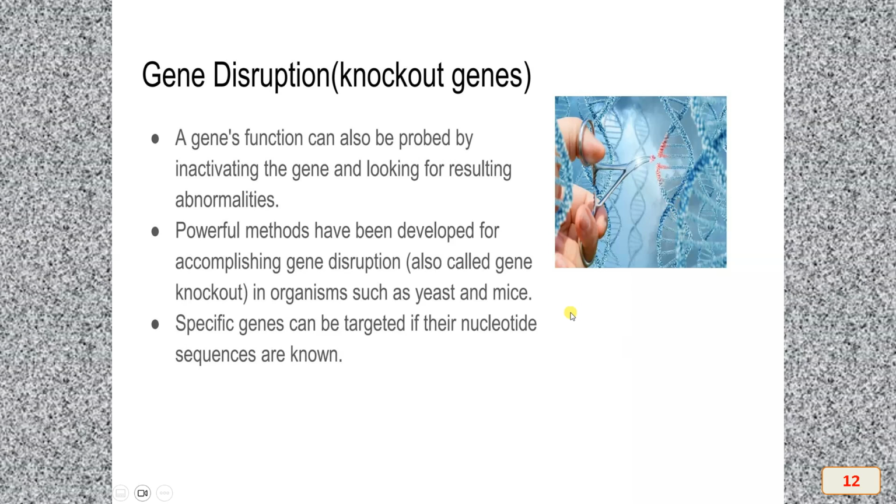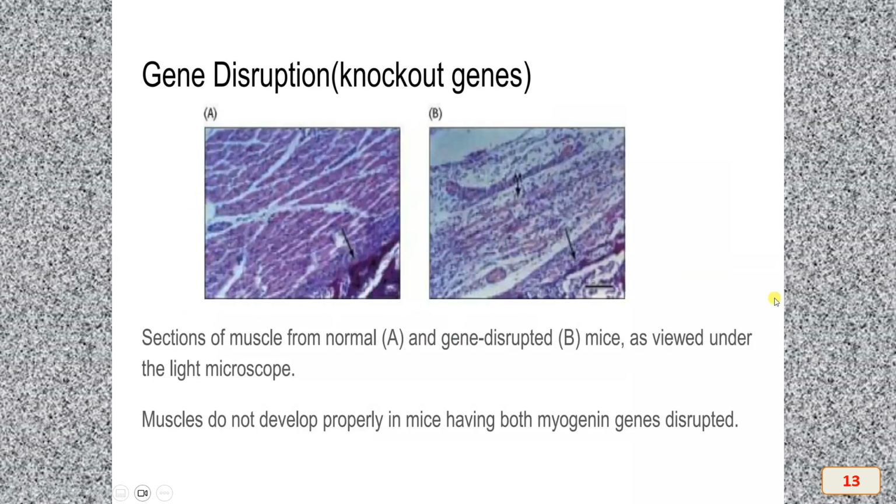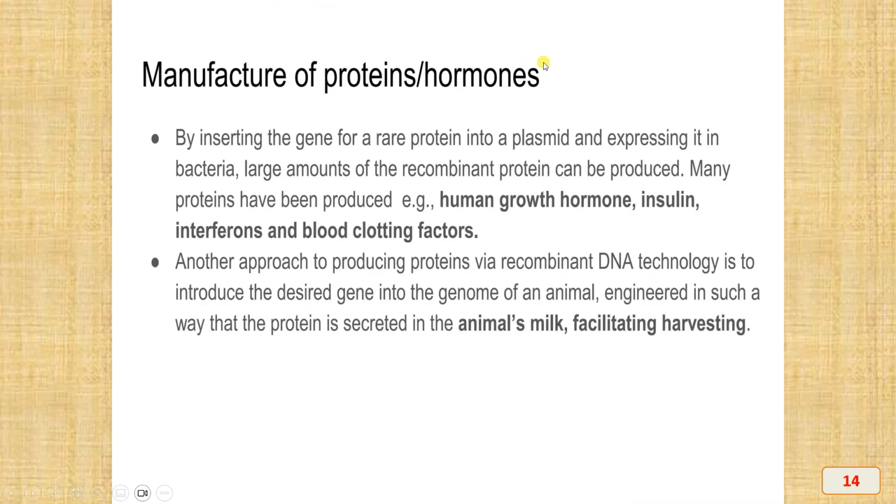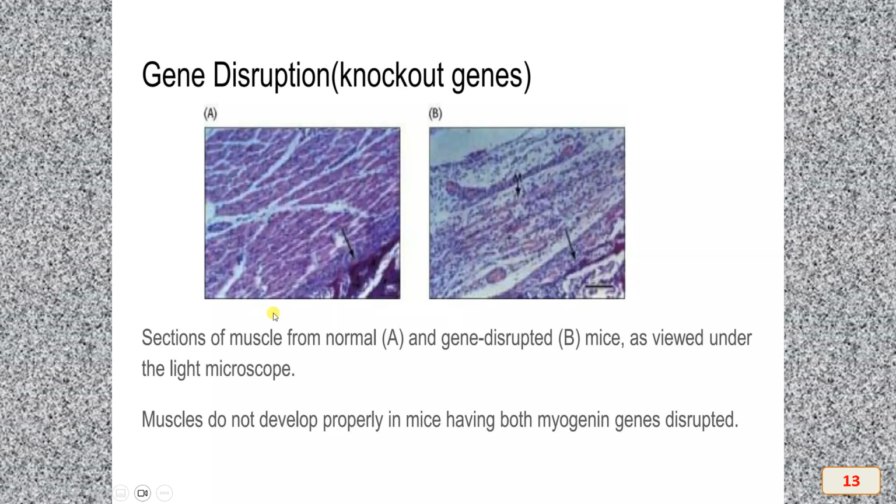Specific genes can be targeted if their nucleotide sequence is already known, and hence gene disruption is possible. Here are sections of a muscle from normal and gene disrupted mice as viewed under the light microscope.